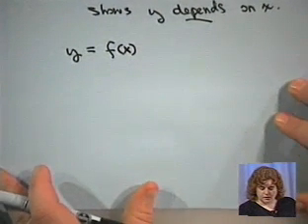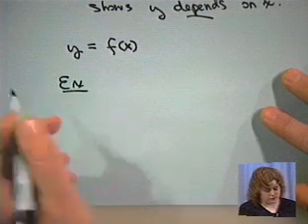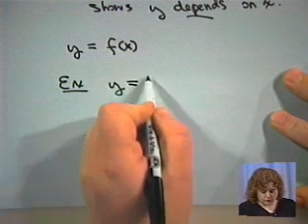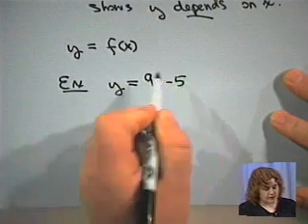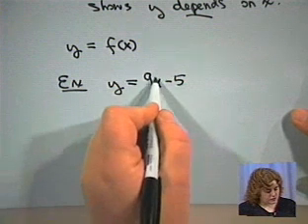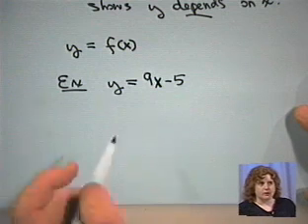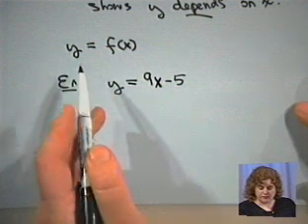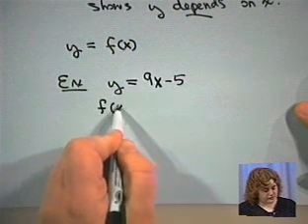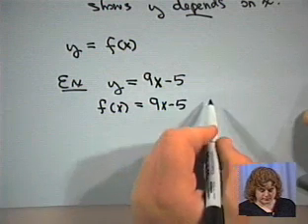Okay? So, let me show you how that compares, and we're going to work with a linear function at first here. I can say y equals 9x minus 5. This is an old familiar friend. This is an equation for a line written in slope-intercept form. With my new language, I could say, well, I have a linear function, f of x, and it is equal to 9x minus 5.